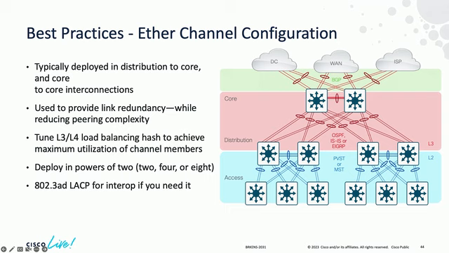Continuing with layer 2, when we talk about foundation services, there's no way not to mention EtherChannels. This is the primary way of increasing our bandwidth capabilities in between individual layers. We have different protocols. We can choose either PAgP or LACP if we want to achieve some interoperability. Typically deployed in powers of 2, right? 2, 4, 8.